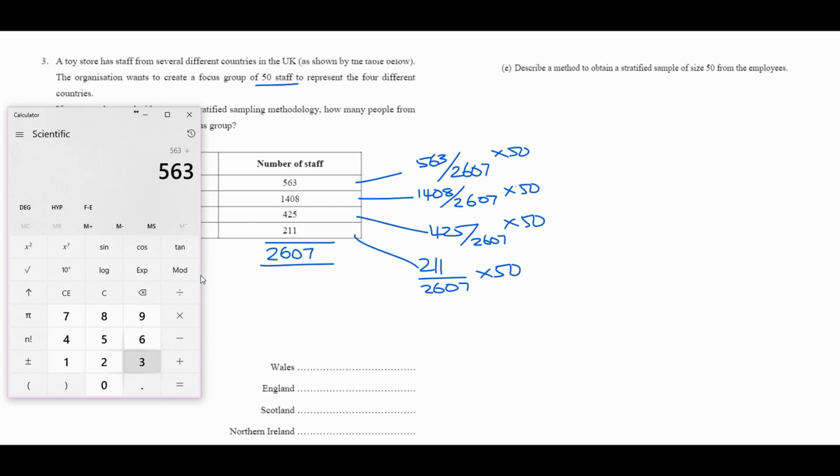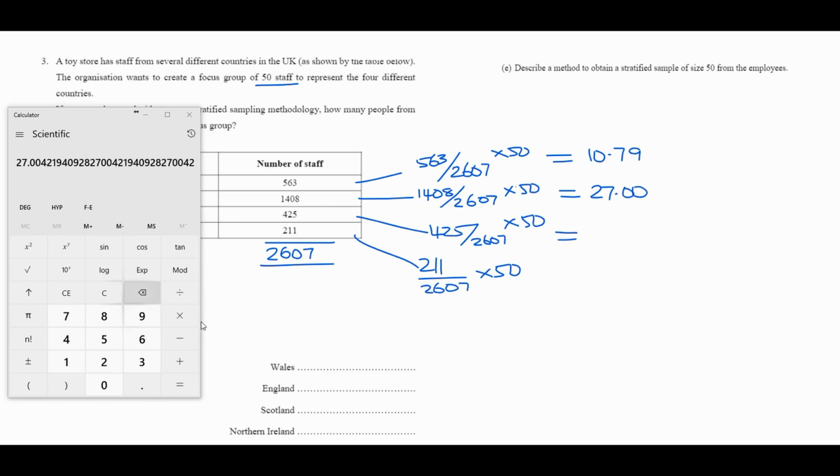563 divided by 2607, answer times 50, and that comes to 10.79. The next one, 1408 divided by 2607 times 50, that comes to 27.00.